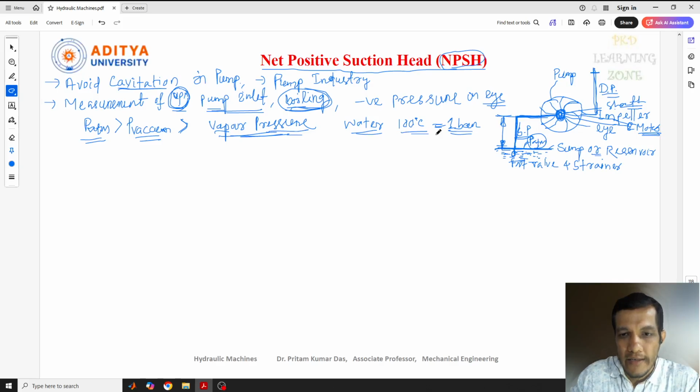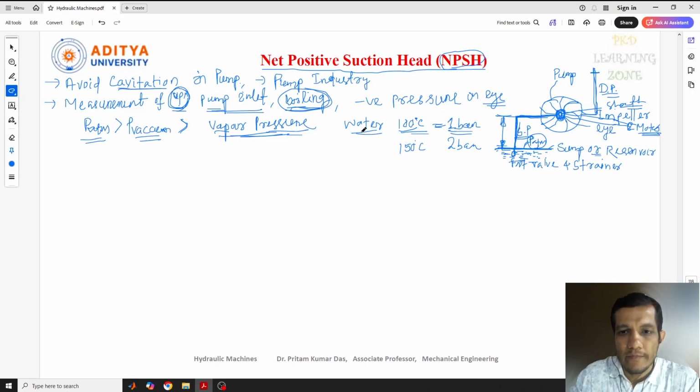If I change the pressure, suppose I make it 2 bar, then the water won't boil at 100 degrees centigrade. The boiling temperature will change, maybe 150, 130 or 120 degrees, some value.